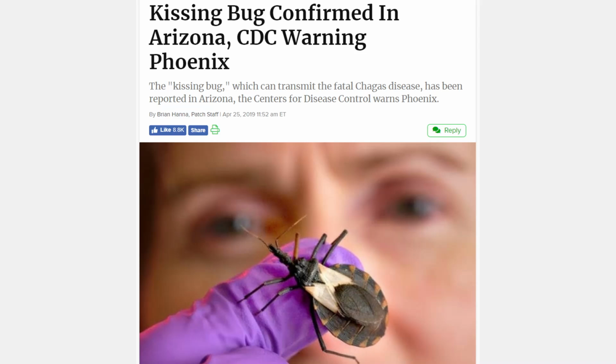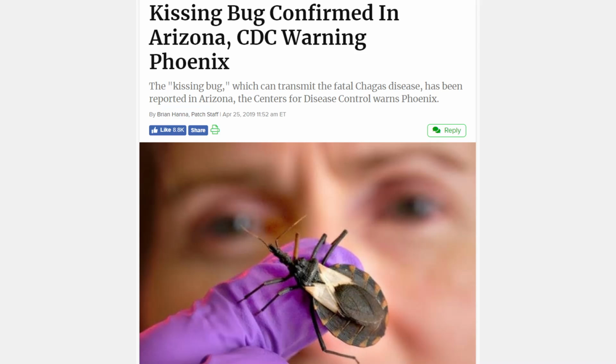And when they bite, they transmit the parasite to you. Luckily, it's easy to avoid getting infected with this disease as long as you are protected when you are sleeping and not sleeping outside on the bare ground, for example. That is something that would put you at risk for bites from the kissing bug.